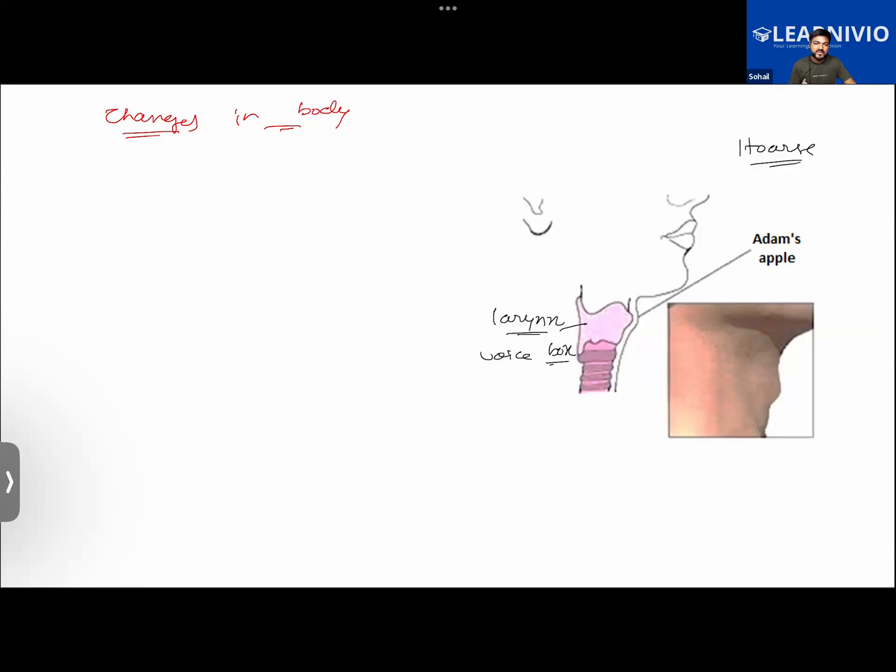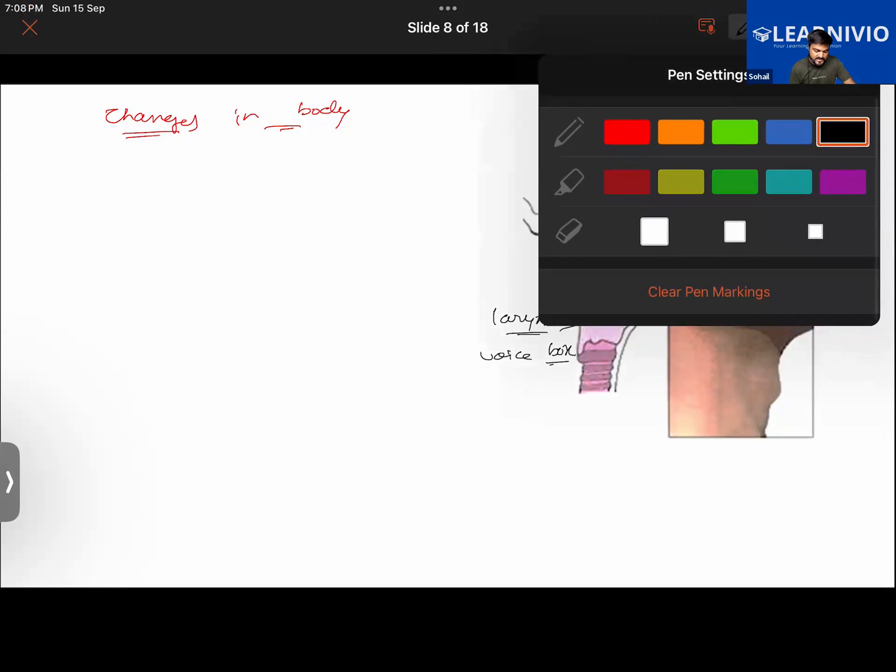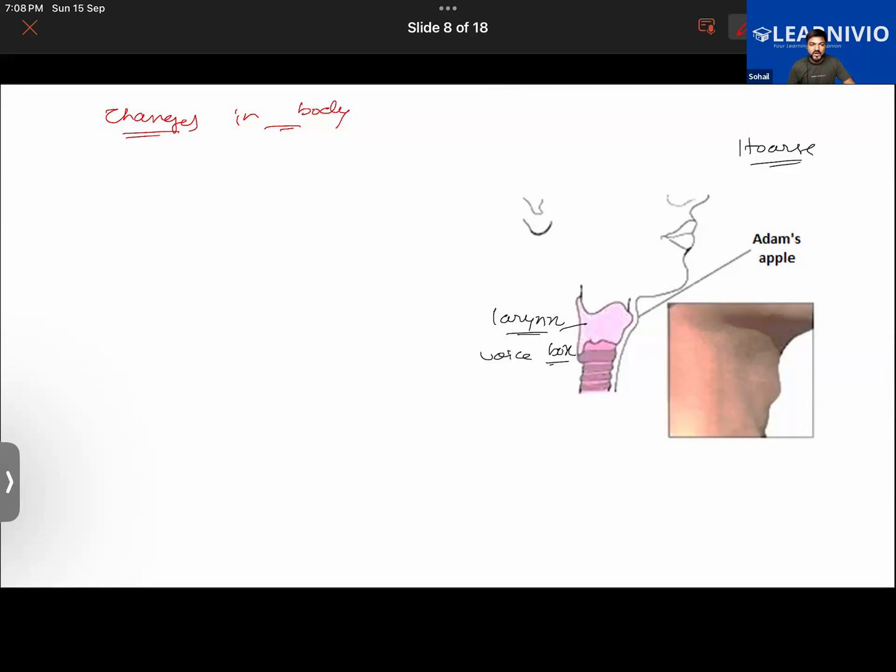Why do we call this Adam's apple? Any idea? It has been called Adam's apple because you would be aware of the story of Adam and Eve. Adam was the first prophet in Islam.